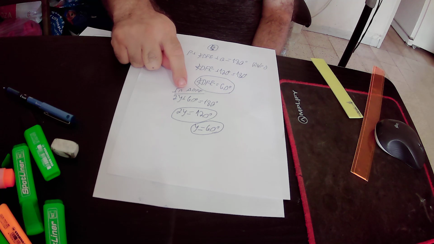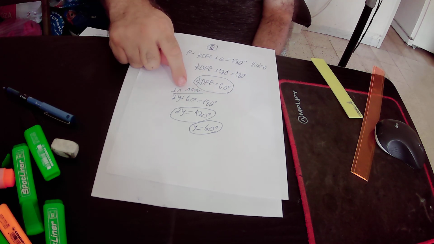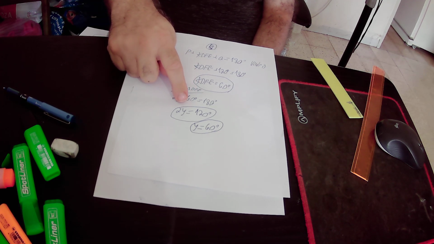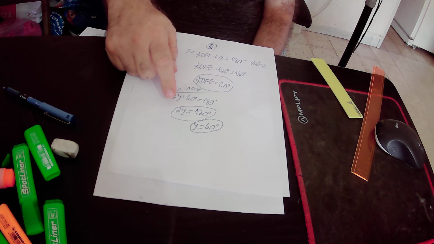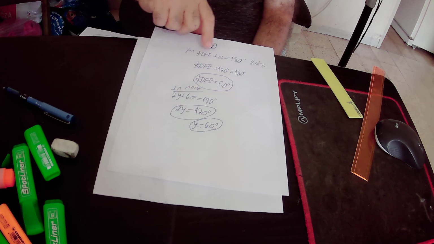So 2y plus 60 degrees equals 180 degrees. Here we subtracted 60 degrees from this equality and we got that 2y equals 120 degrees. Here we divided this equality by 2 and we got the value of y equals 60 degrees.